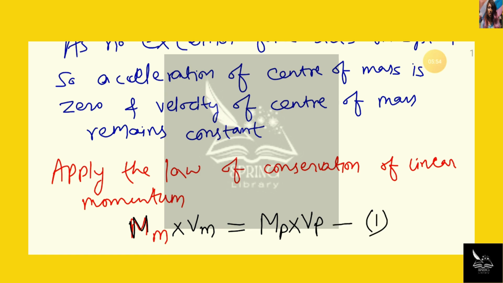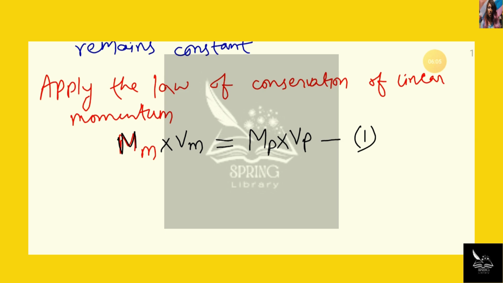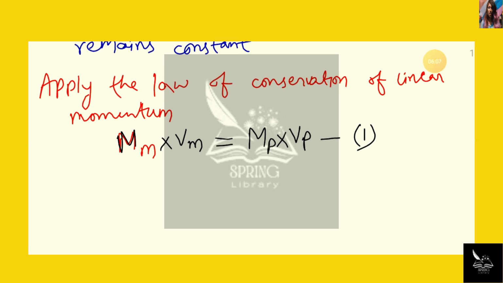So that means the linear momentum of the experimenter, or the man, is equal to the linear momentum of the pillow.